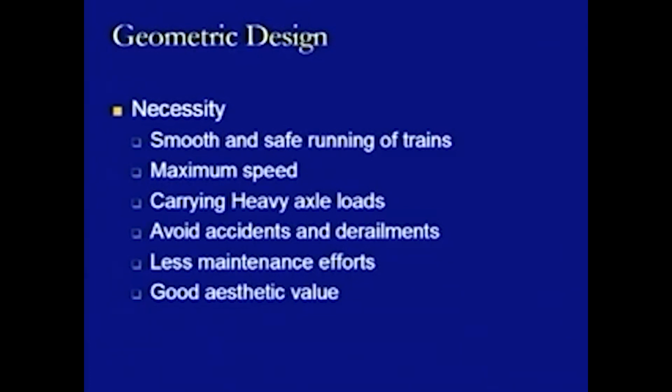Another aspect is the maximum speed. We cannot run the trains at any speed. We cannot run the trains at 500 kilometers per hour or 1000 kilometers per hour without designing a track for that specification. Of course, in today's conditions, we have test tracks on which trains have been run at speeds of 500 and 550 kilometers per hour.